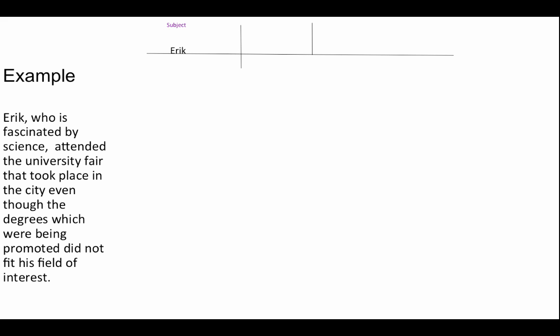So Eric is the subject and a proper noun. Attended is a verb and it's in past simple. Fair is the direct object and a common noun. So Eric attended what? He attended the fair. So the is a definite article and university is an adjective.